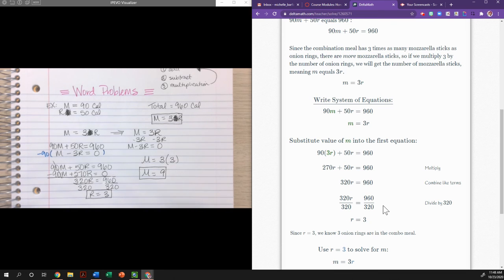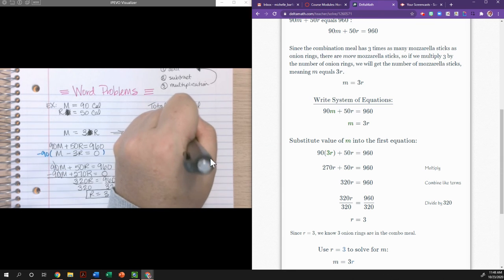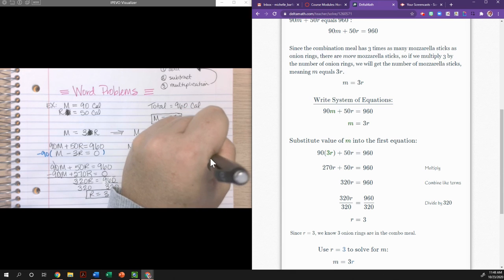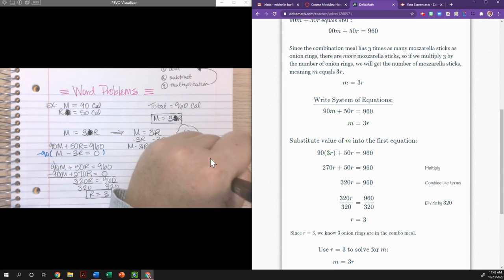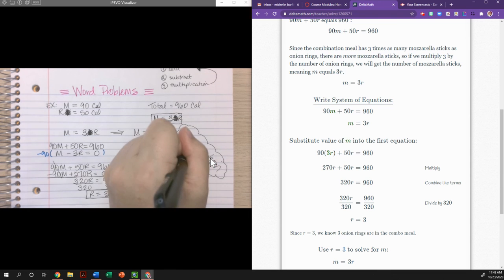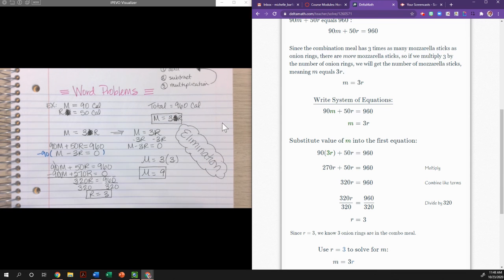So let me just talk about the two different techniques really quickly before I go to my next video. Okay. I did this problem this way because I wanted to show you how you could solve this problem using elimination method. Okay. Or if you were told to. So let's say I were to give you an assignment and say you must solve all the problems using the elimination technique.